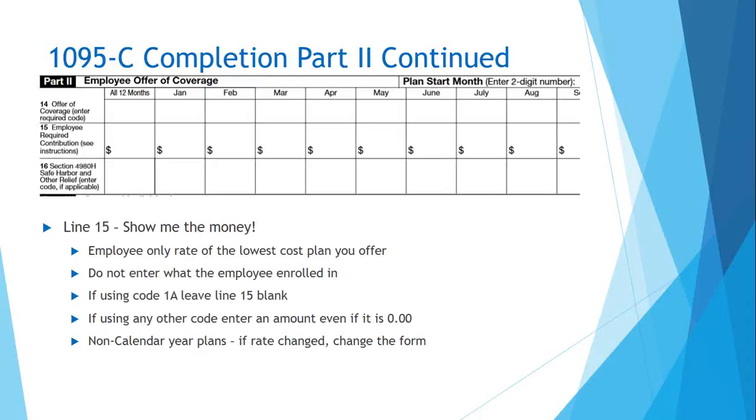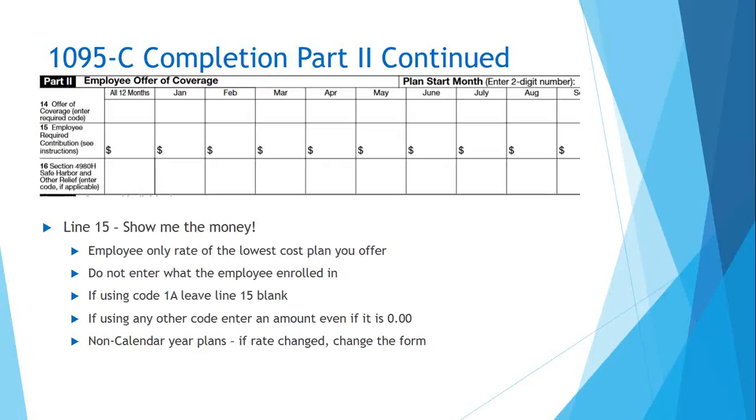So whatever that is per month, if it's $200, $150, $80, you would enter that information here. Again, if you're using code 1A, you leave that section blank. And for non-calendar year plans, if the rate changed during the year, you need to update the form accordingly to show that the rate adjusted in the middle of the year.